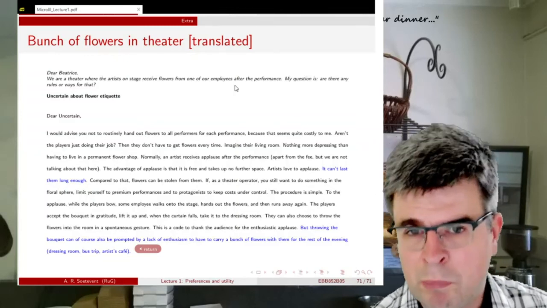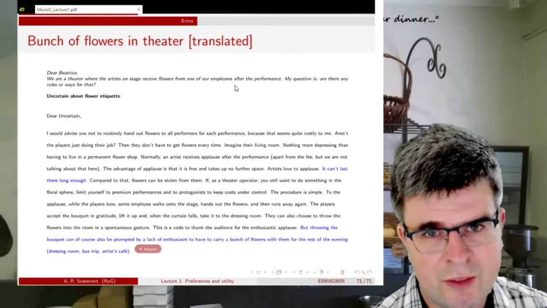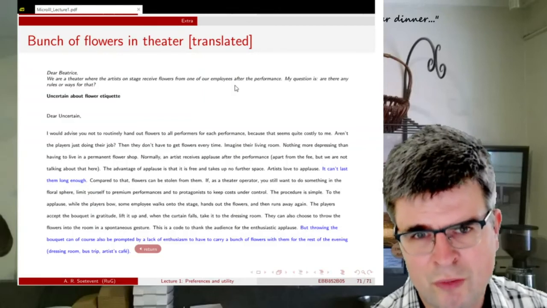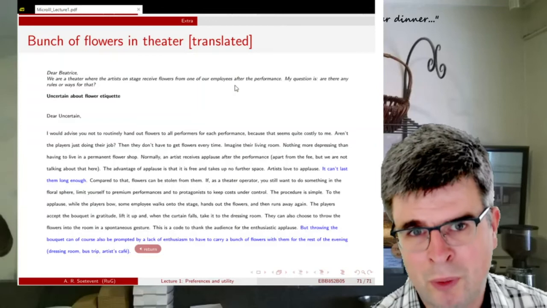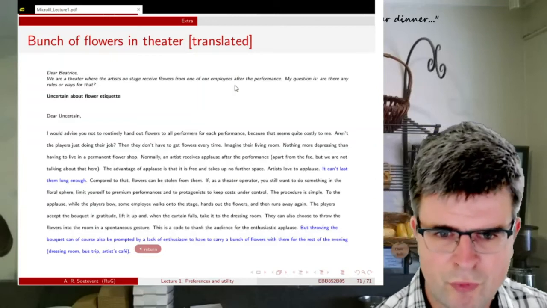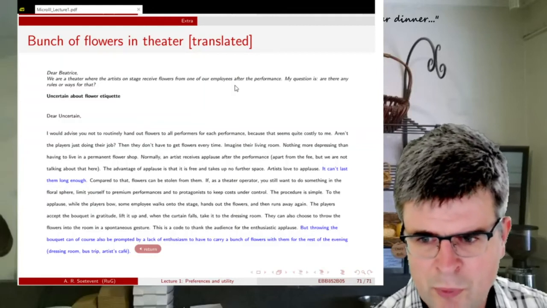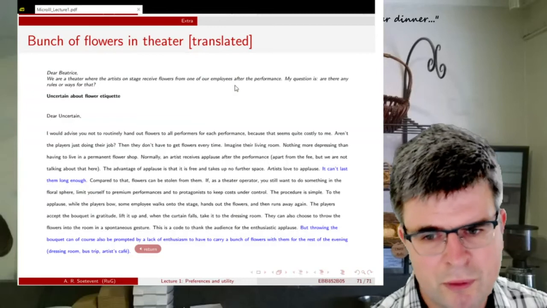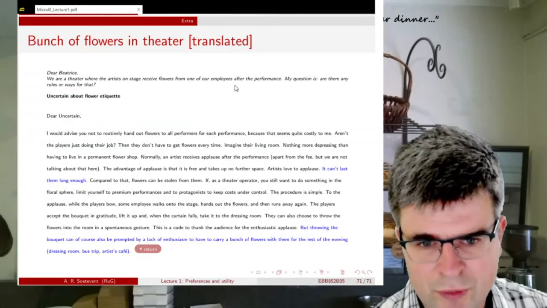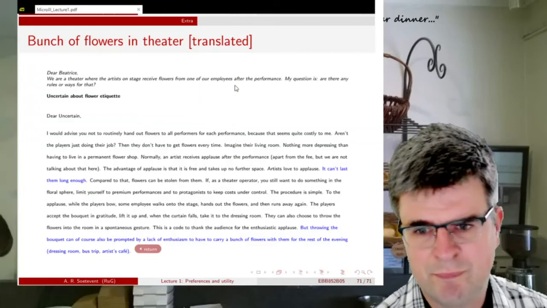They do like applause. Artists can never get enough of applause. So indeed, for applause, it holds the more the better. But this isn't true for flowers. It ends with: throwing the bouquet can of course also be prompted by a lack of enthusiasm to carry a bunch of flowers with them for the rest of the evening to the dressing room, the bus trip, and the artist cafe.